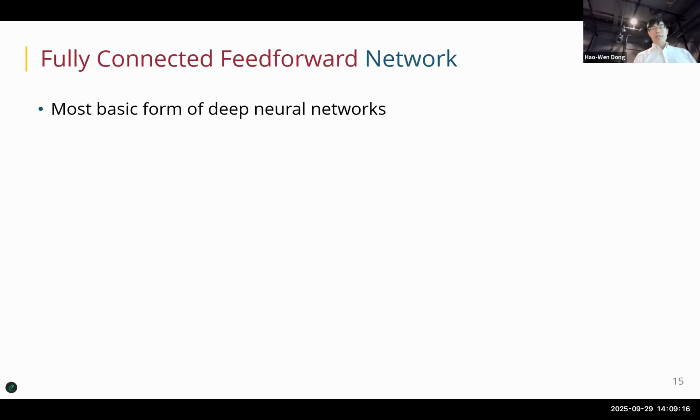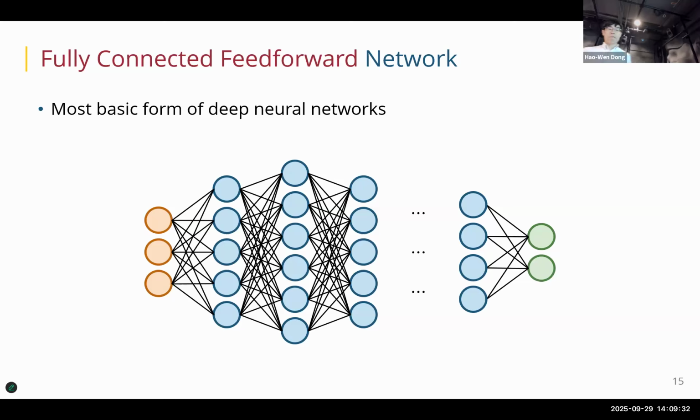Cool. So I guess we can move forward and get into more details about what a neural network could be like. The most basic form of deep neural networks is this thing called a fully connected feed-forward network. This is the thing that you see again and again. We can actually do some math here.